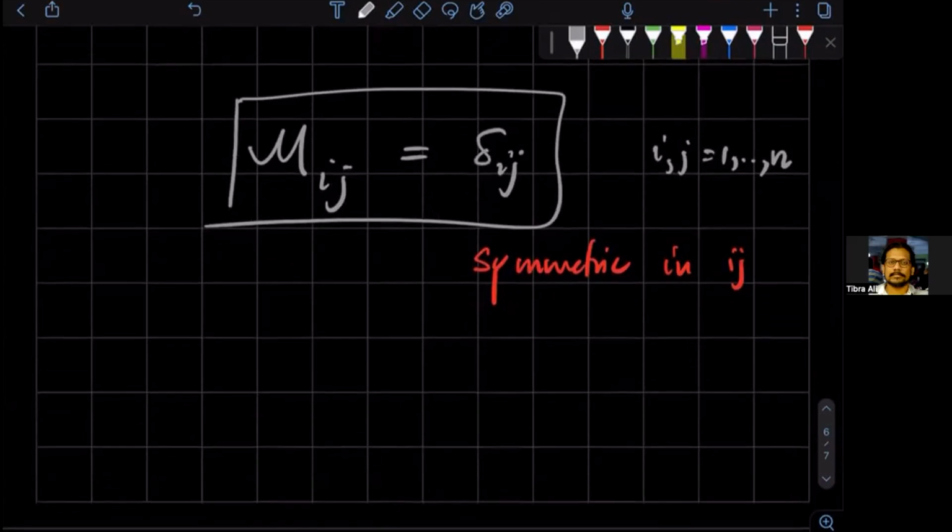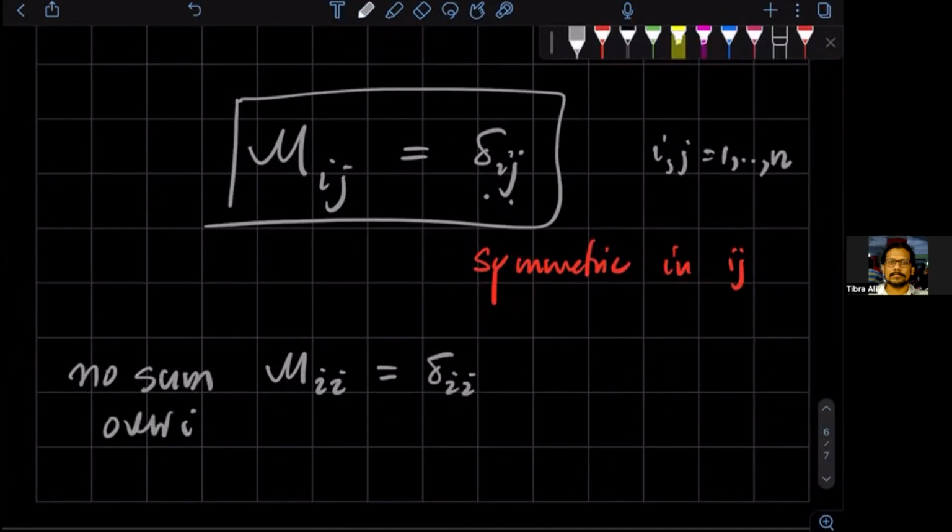Okay, let's look at it this way. There are two cases: when this index is equal to this index, i equals j. There are two instances of this equation. One is when the two indices are the same, and there is no sum over i. So how many equations are there of this form?